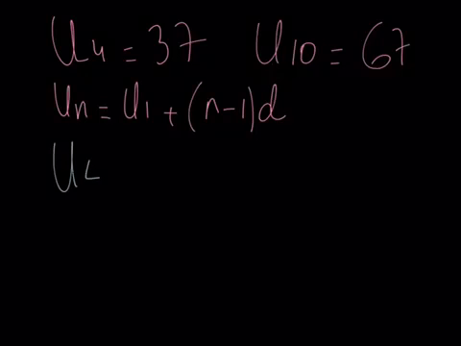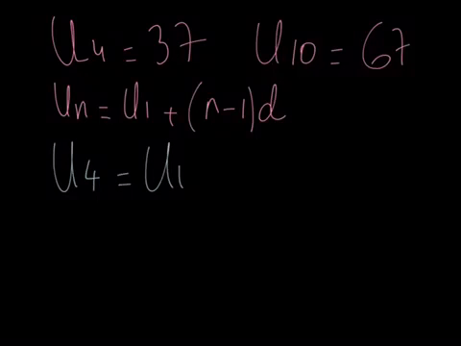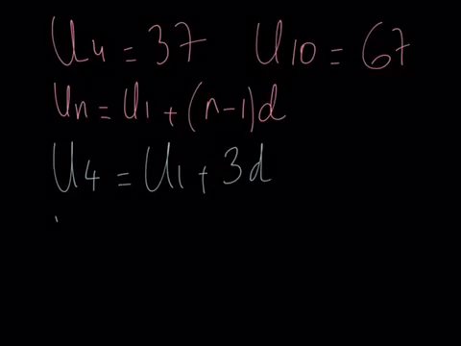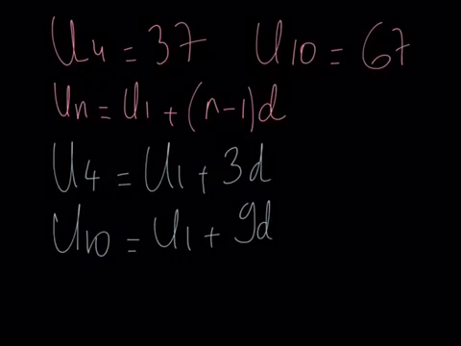So U4 is U1 plus 4 minus 1, that's 3d, and U10 is equal to U1 plus 9d. Okay? So all I need to do now is replace U4 and U10 by their values.